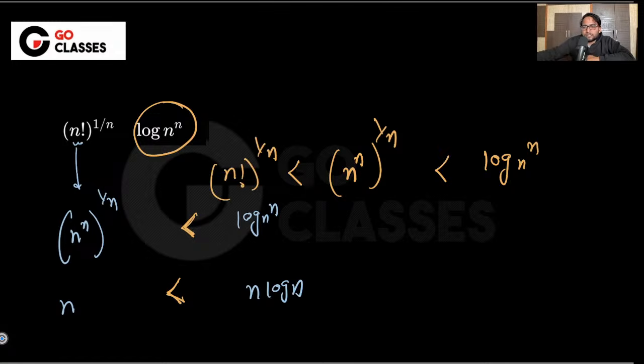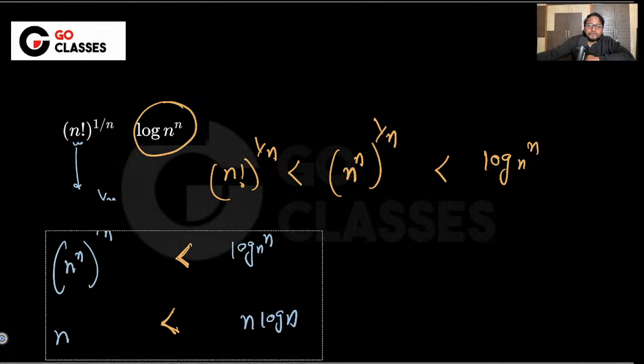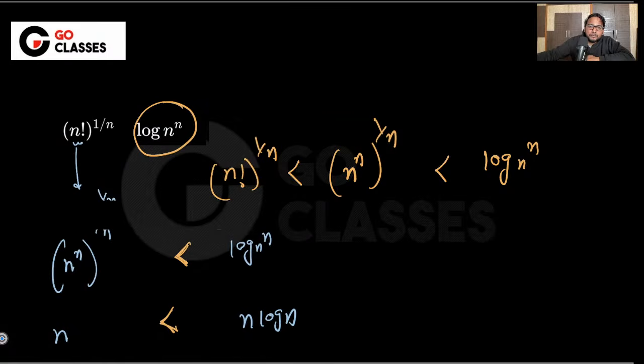So I already know this. Because of this transitivity, what you can say is that in between these two functions which I want to compare, n factorial power 1 upon n and log n power n, this is strictly greater.